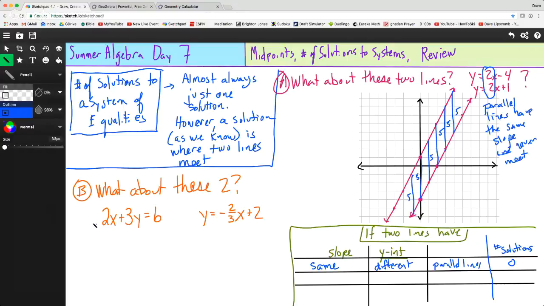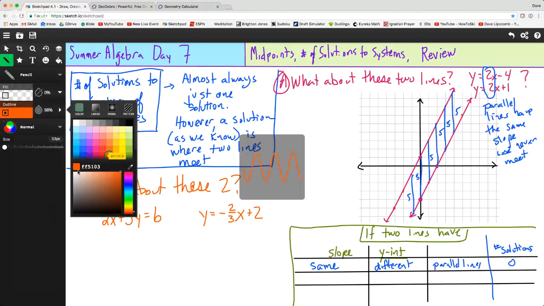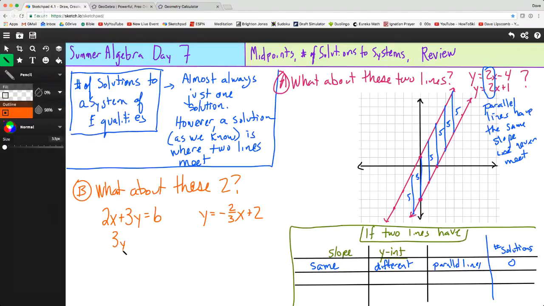All right, now let's talk about these two lines here. These two lines are interesting lines as well. So let's put this in slope-intercept form. This one here I know how to graph. Let's look at this line. There's something interesting about this line relative to the other line. So, 3y equals negative 2x plus 6.